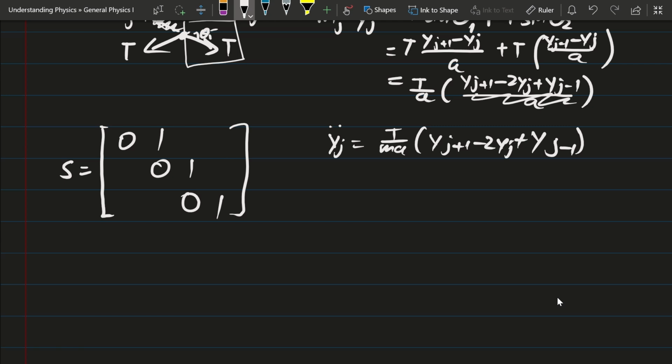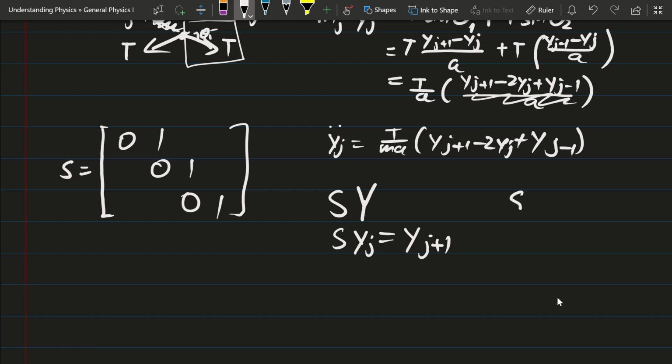The simple way to describe this is that if you have the vector y, which has all the positions of the particles, and then you apply the S matrix, for the jth particle, this will be equal to y_{j+1}. So that's our hope.